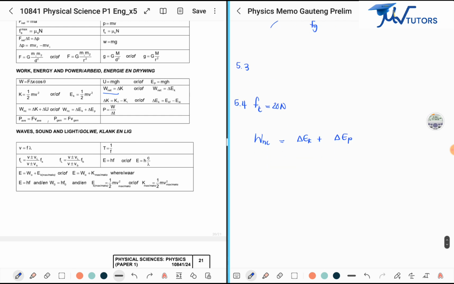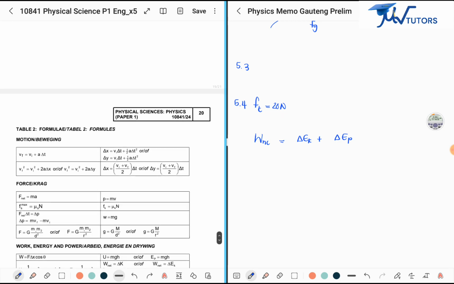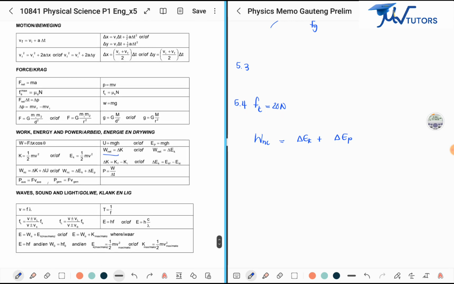Remember, work is equal to the force times delta x times cos theta. Then we have half mass times final velocity squared minus initial velocity squared. Please do not write this as the square of the difference.